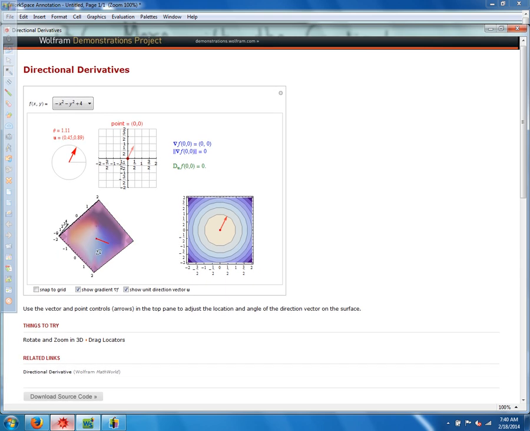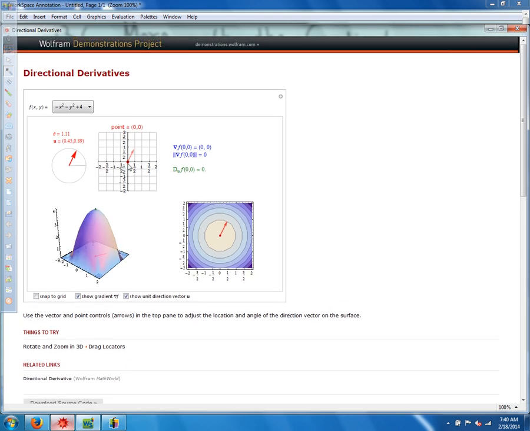And, oops, I turned that upside down. And I can move my point around on the surface. So there's the point on the surface. And this gives us our level curves. And it shows the unit vector in red and the gradient in blue.